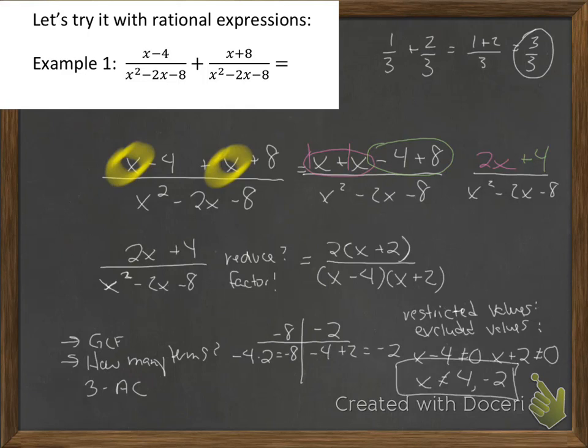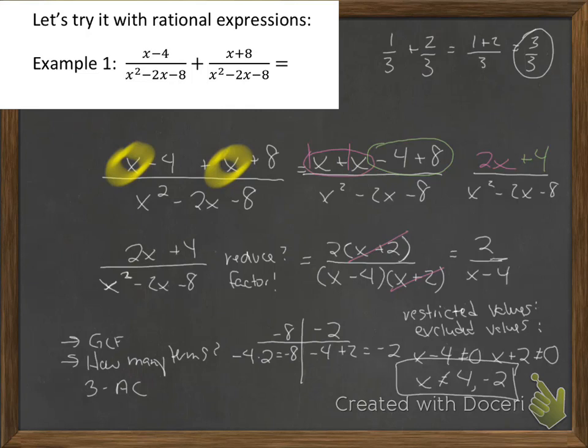Again, even if it's beyond the scope of the textbook, I still want you to think about and list these excluded or restricted values whenever you do this. So the fun part here, we get to cancel those out, and then we get to write our reduced expression. So we have 2 over x, x minus 4.